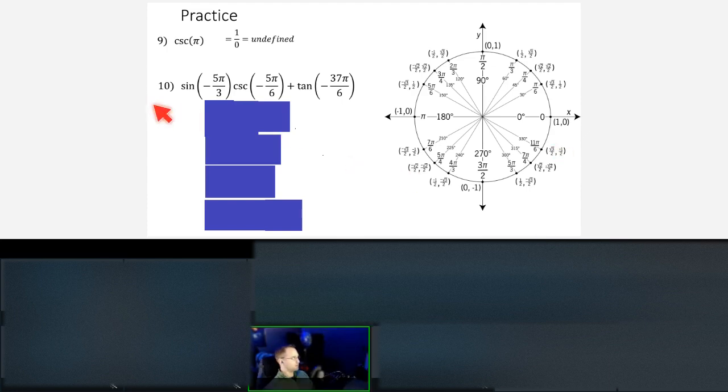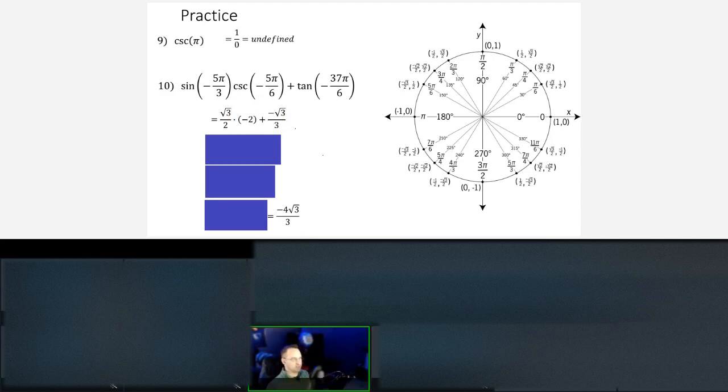So let's take a look. So yeah, the final answer is negative 4 radical 3 over 3. We took all the stuff from the previous page and we just plugged those answers in because we already did the work. So that first term, radical 3 over 2 times negative 2, becomes negative radical 3.